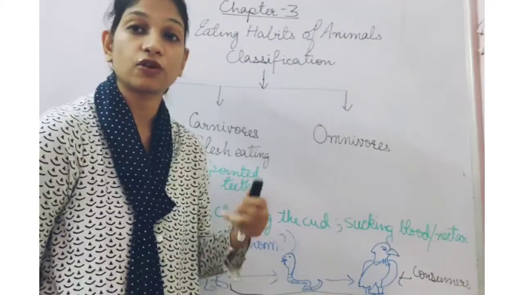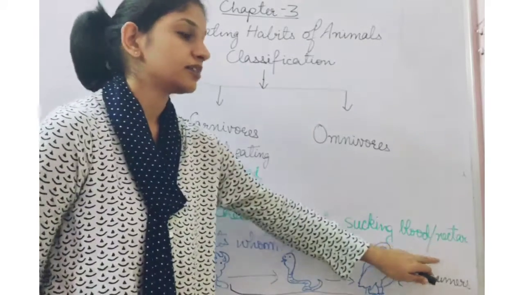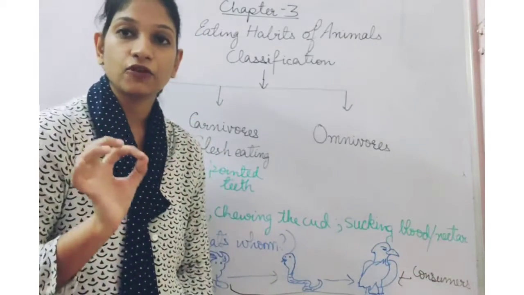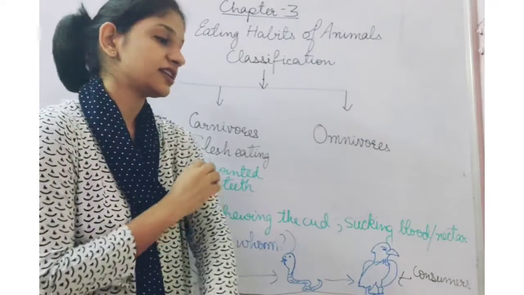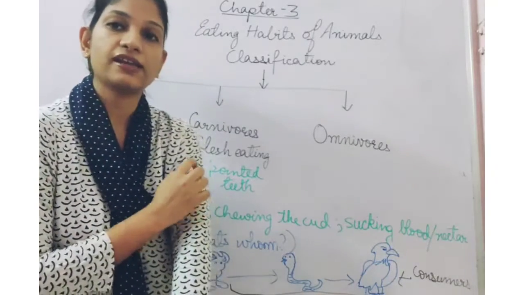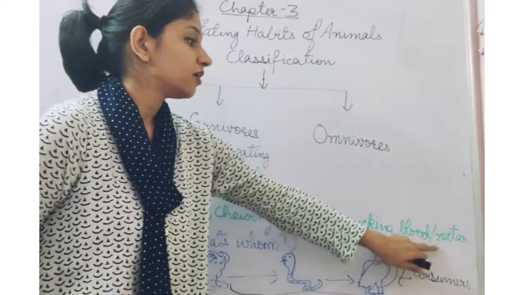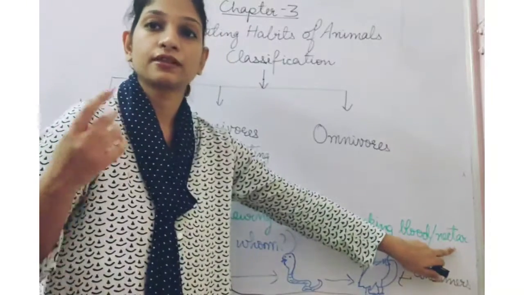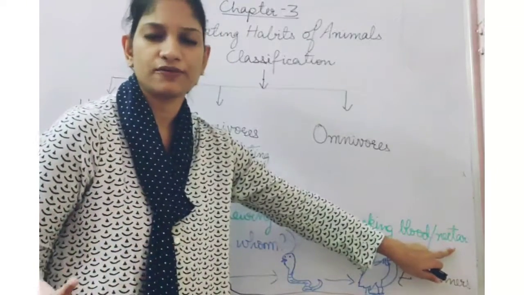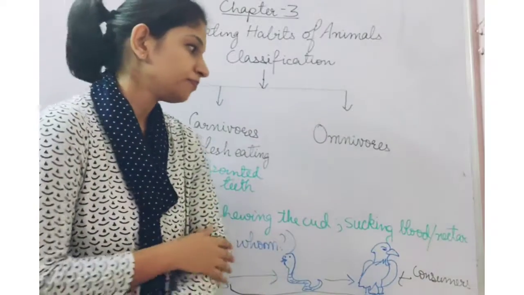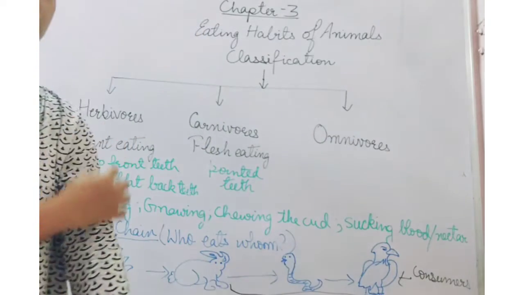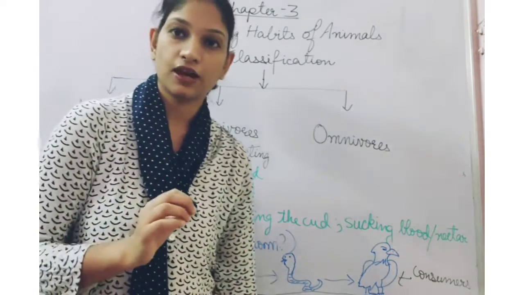Butterflies suck nectar from flowers too. Just like the mosquito sucks our blood, the bees, honey bees, or butterflies use their long tubes to suck nectar from the flowers.